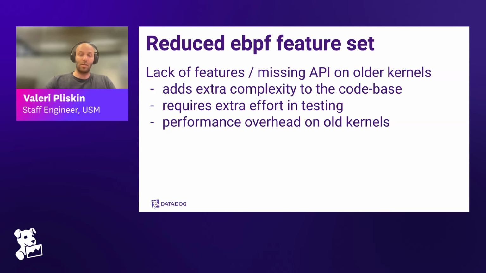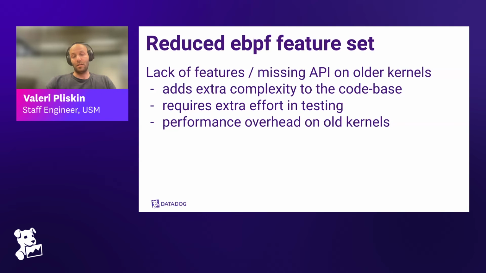In order to overcome this, we are utilizing dynamic feature enablement. Basically, we are trying in runtime to understand what kernel version we are running on, and then we have a sort of conditional switch case of which features we can use. A good example for that would be a very common data structure for eBPF, which is called perf buffer.